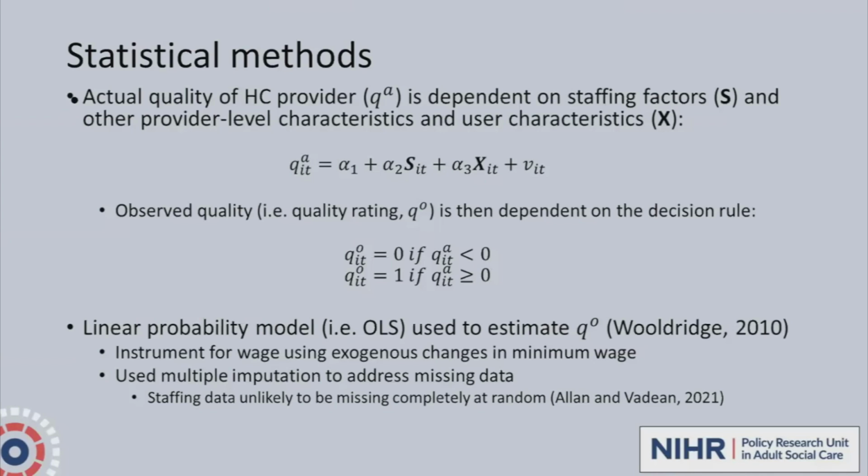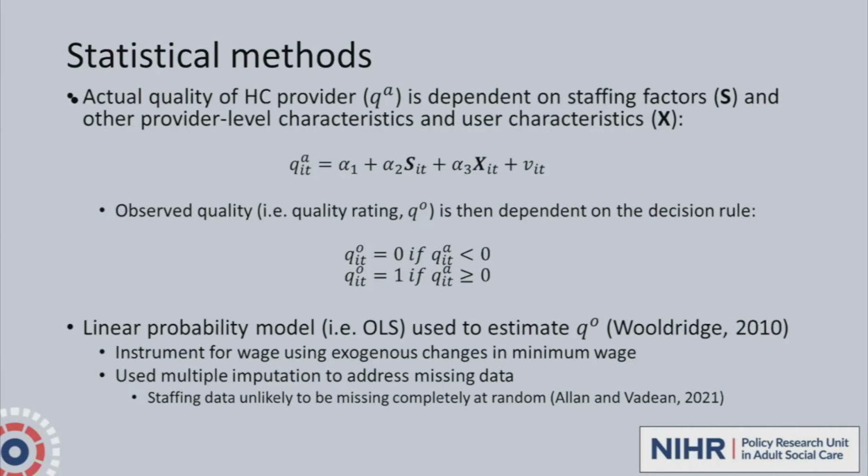So for this analysis, we estimate a linear probability model, which is basically simply an OLS model for estimating observed quality rating. This is the recommended method of analysis, even with binary data for the dependent variable, for the other statistical methods that we use. In particular, that is when we're instrumenting for wage using panel data.